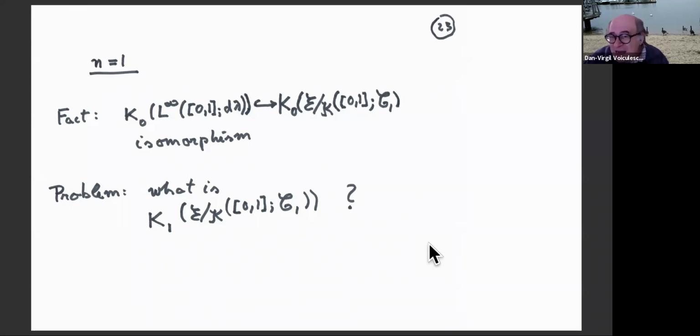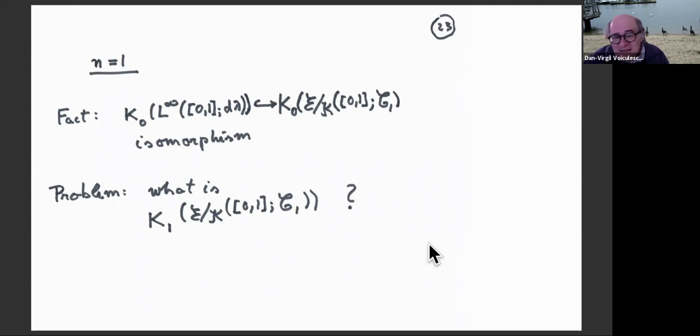But I have no idea about K1. I don't know whether K1 vanishes, like it would for the von Neumann algebra. I don't know whether it's bigger. I have absolutely no idea. I have formulated in one of my papers an example where I don't know how to determine whether it gives a K1 class which is trivial or not trivial.